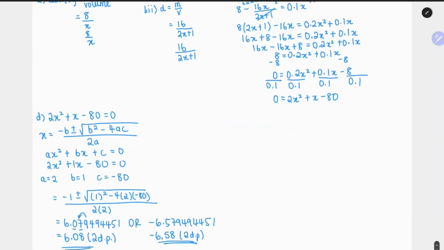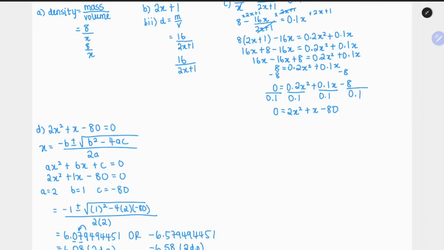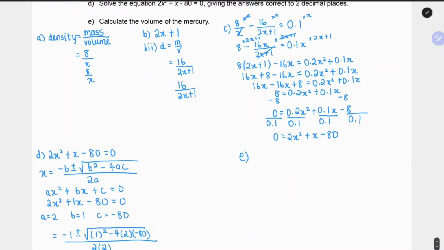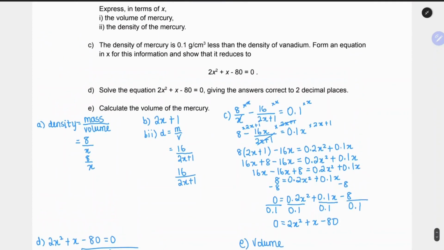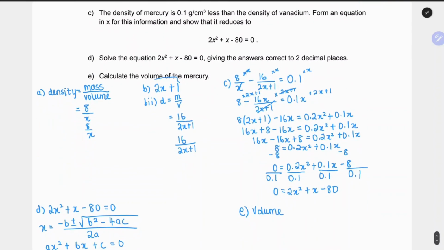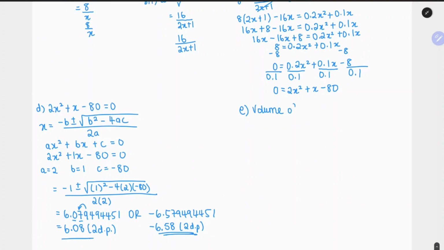So the last one wants us here to calculate. The next question would require us to calculate the volume of mercury. So the volume, it's basically this one, and we already had it here as 2x plus 1. So volume of mercury is 2x plus 1.